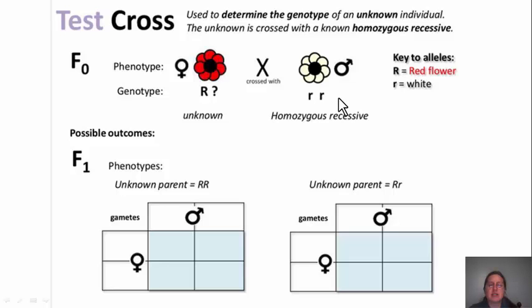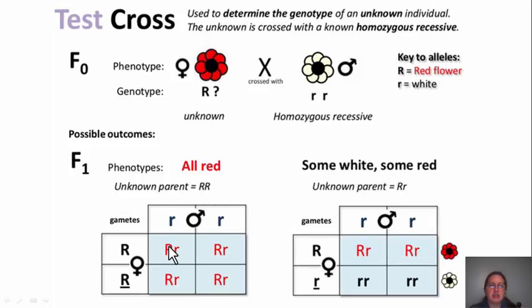So when we cross these two, there are 2 possibilities, 2 Punnett square outcomes. If our red flower is homozygous dominant, we would get all red phenotypes. But if our red flower is heterozygous for red, meaning it has a big R and a little r, then we would get approximately 50% red and approximately 50% white.